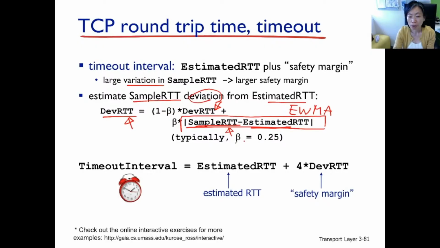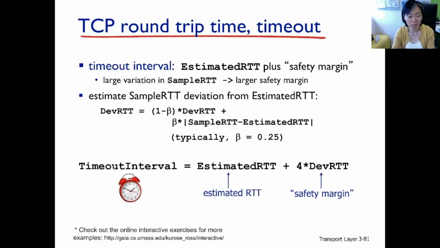The only thing left is the beta factor, and it's also set to a small value so that we weigh less on the instantaneous deviation. As to why it's 0.25, not 0.2, not 0.125, these alpha and beta values are usually given because people have been using these values and they seem to work out fine, and engineers later on just borrow the same setting.